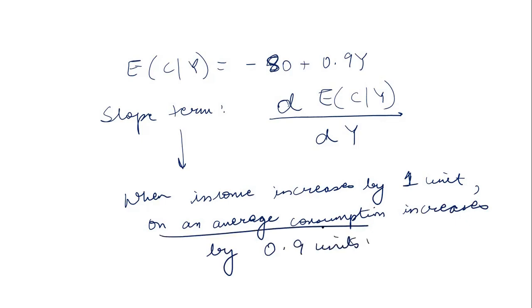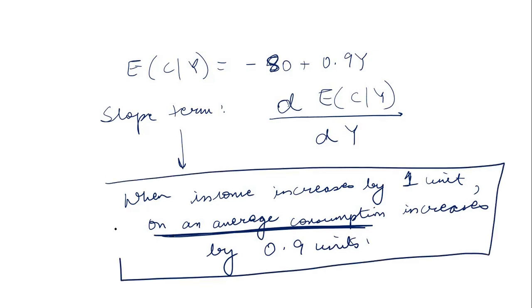This is important, on an average. This is the interpretation of your equation. So the slope term tells you when the explanatory variable increases by 1 unit, what happens to the explained variable. Whereas the intercept term tells you when the explanatory variable is 0, what is the value of the explained variable.